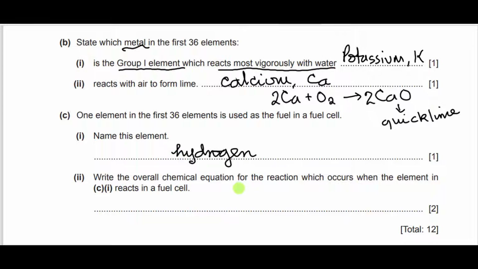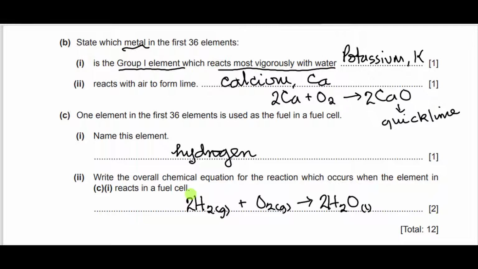Okay, the last question here says write the overall chemical equation for the reaction which occurs when the element in C1 above reacts in a fuel cell. Of course, for it to react in a fuel cell, it must undergo combustion in the presence of oxygen. So when hydrogen undergoes combustion in the presence of oxygen, what do we expect to get? Water. So we balance this and we balance this.